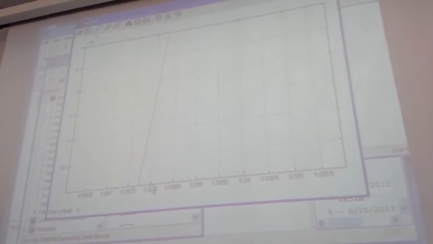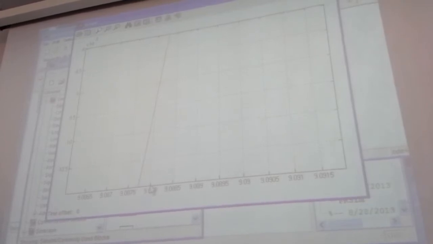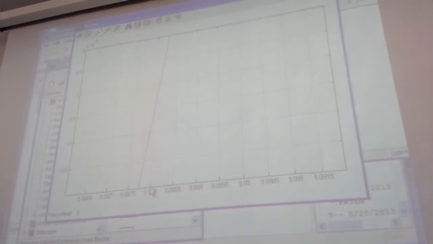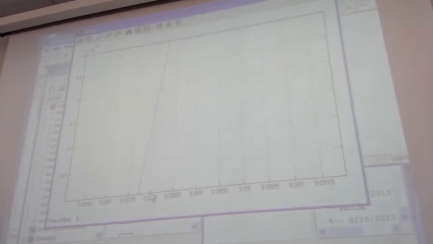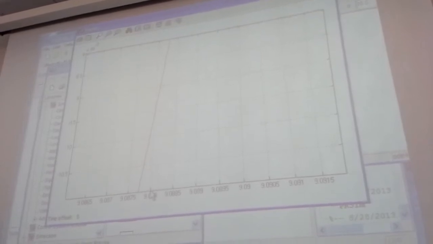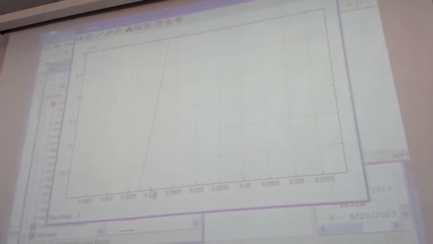Yeah, one period is 2 pi. So it will be 2 pi multiplied by 0.087. But this is in radians, not degrees. That we have to remember.